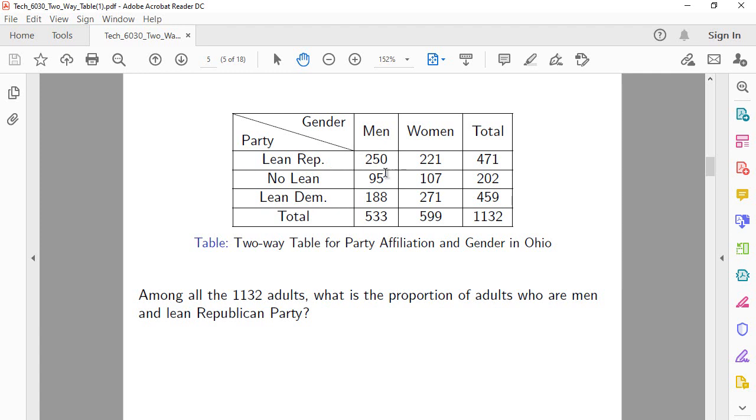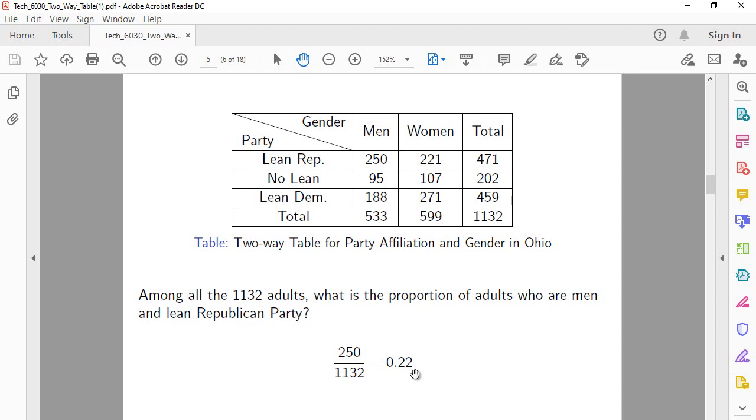So the proportion of adults who were men and leaned toward the Republican Party would be given by 250 divided by the total count of the adults. So 250 divided by 1,132, that's about 0.22.